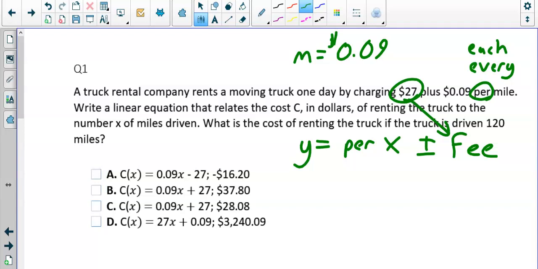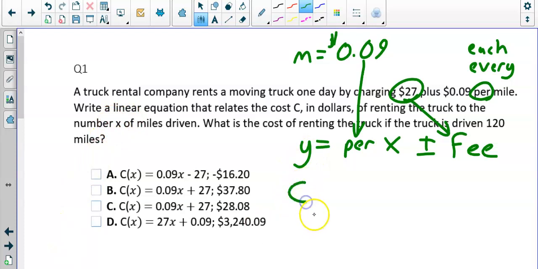Okay? So that's what we call the fee. So since we now know the m and we know the fee, if we rewrite this, although now we got to use their terminology, it wants us to use C for our y, and this x represents our normal x.